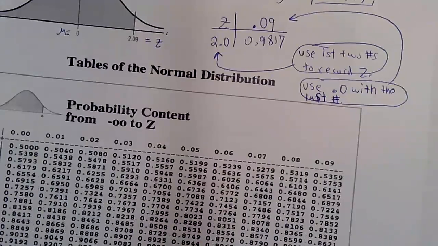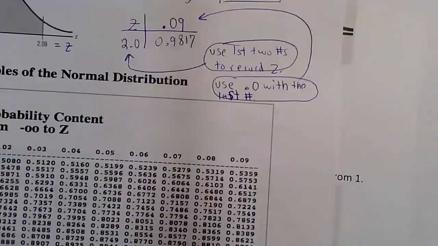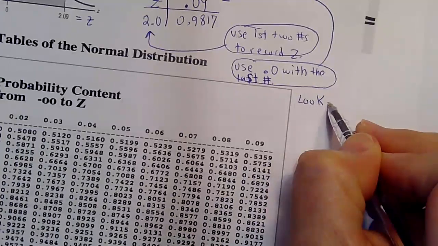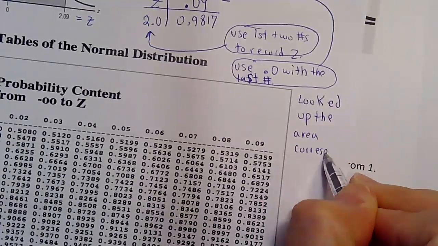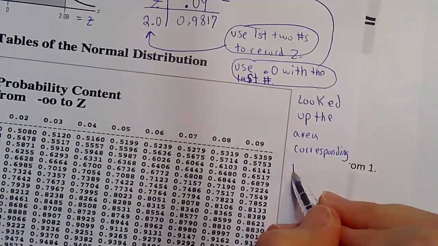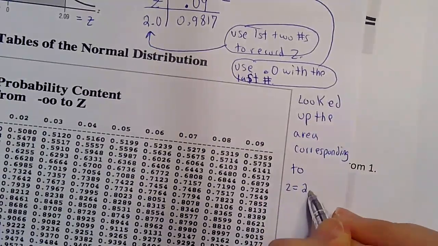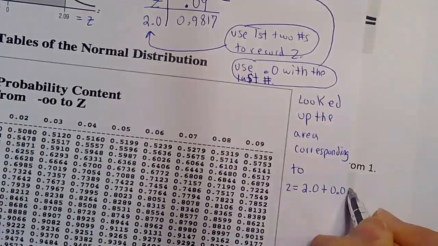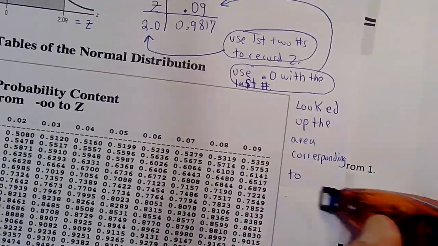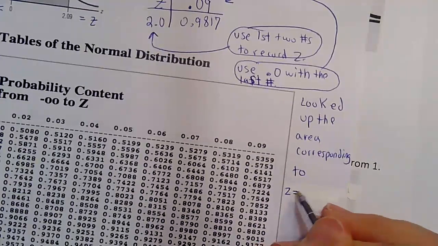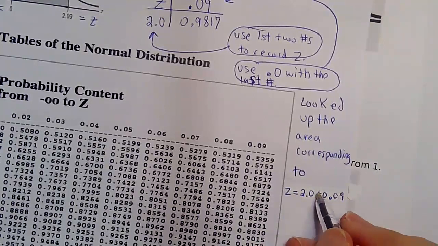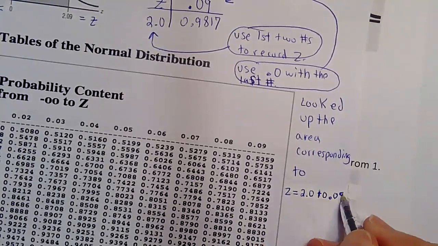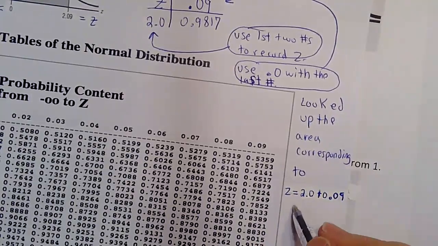So what we've done is we've looked up the area corresponding to Z is equal to 2.0 plus 0.09 in your table.